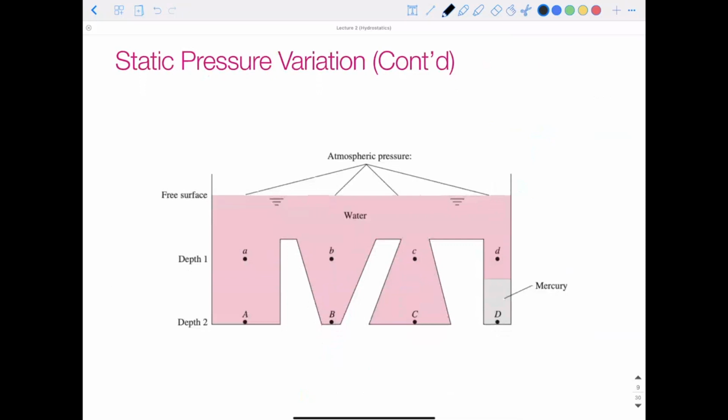So in this diagram, we have some oddly shaped container. We've got atmospheric pressure at the top free surface, and we have depth 1 with points A, B, C, D, and we have depth 2 with points capital A, B, C, D. And the pink section is water, and the gray section is a different fluid, and that's mercury.